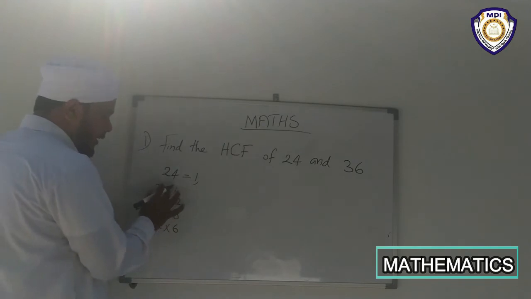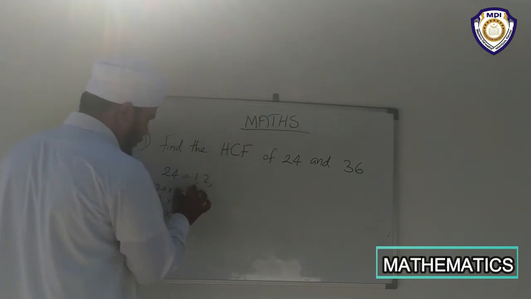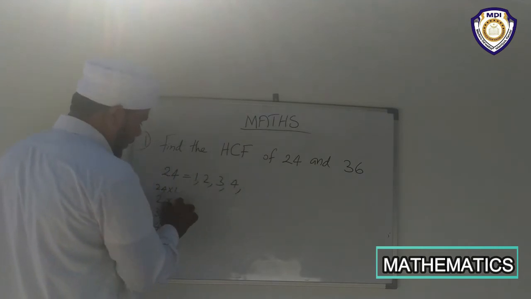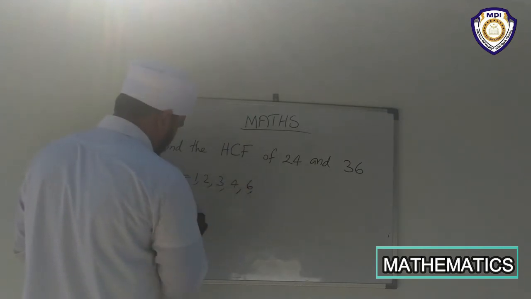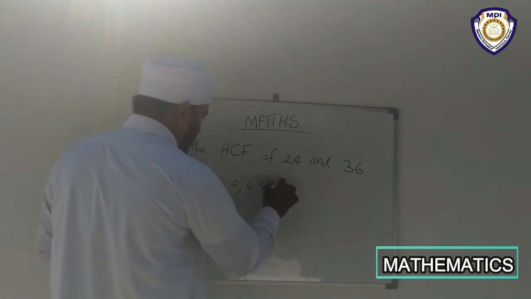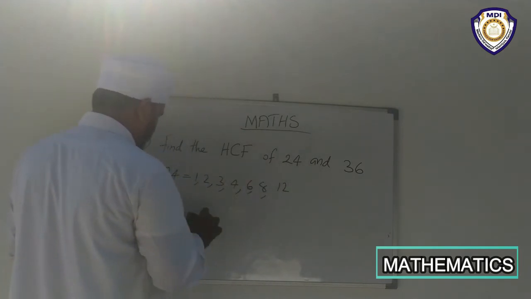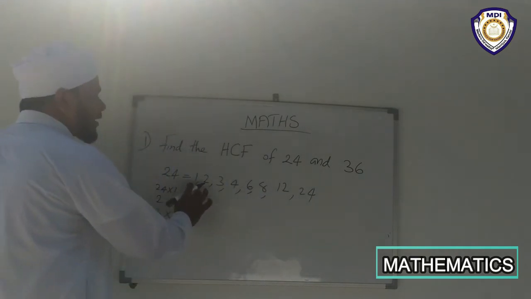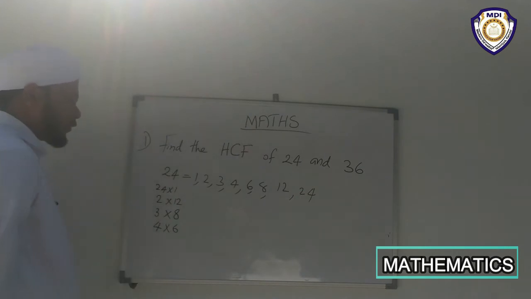Okay, ascending order. 1, 2, 3, 4. Then now 5, 6. Then 8, 12, 24. Okay, these are the factors of 24.